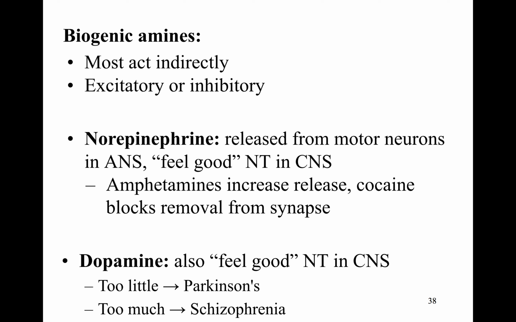Norepinephrine is a neurotransmitter that's located in two different places. First, it's released from motor neurons in the autonomic nervous system, or our involuntary nervous system, so it helps to regulate our involuntary movements.